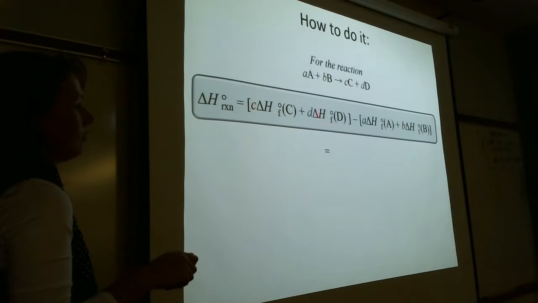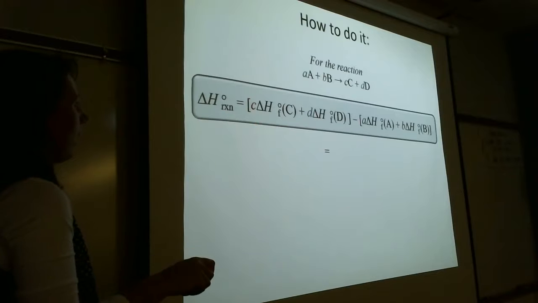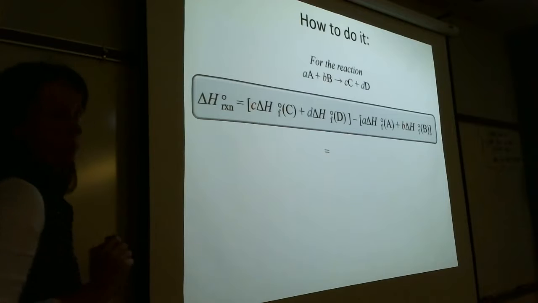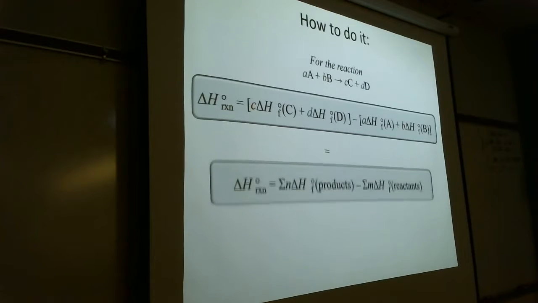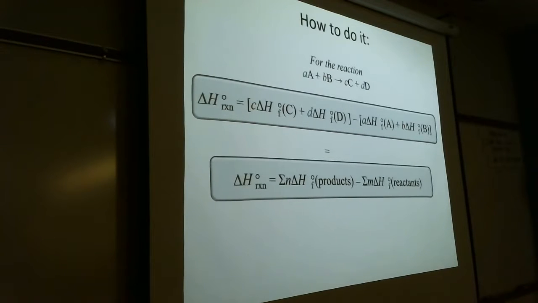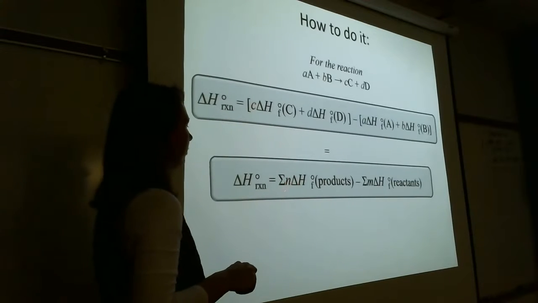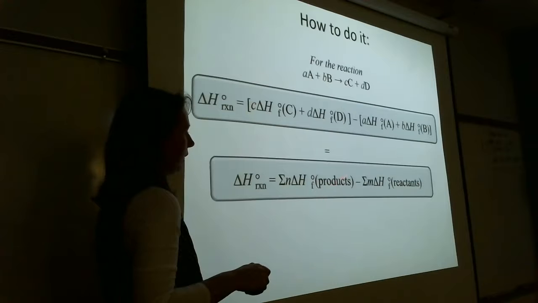And these are coming from our reference page. We're going to add those together. Now, if there's a third one, right, you put it there as well. Minus the coefficient of A times its heat of formation plus the coefficient of B times its heat of formation. So if you're familiar with summation notation, that's what this is, right? It's the sum of the heats of formation times their coefficients of the products minus the sum of the heats of formation times their coefficients of the reactants.